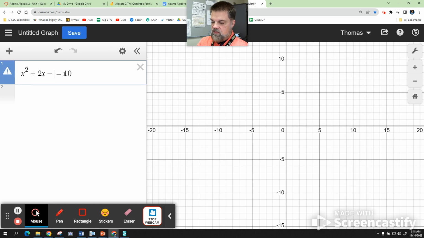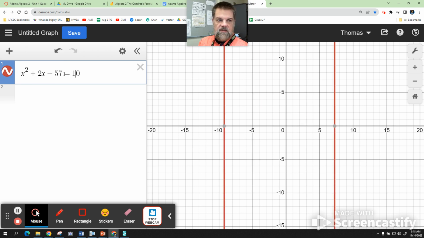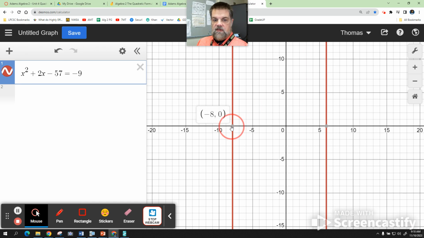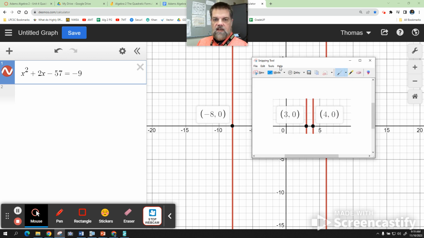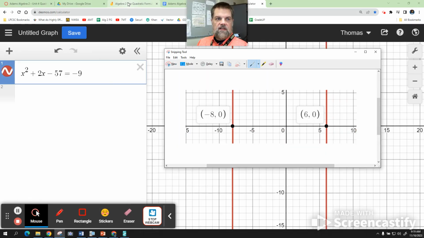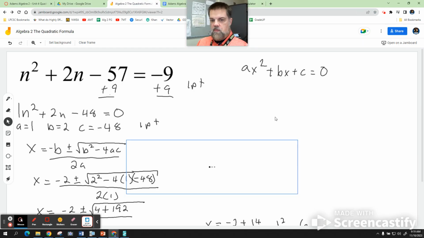Minus 57 is equal to negative 9. And guess what? Boom. That's where it crosses. Take our screenshot. Maybe. Gotta get my computer to catch up to me. Plug that in there. Well, bam.